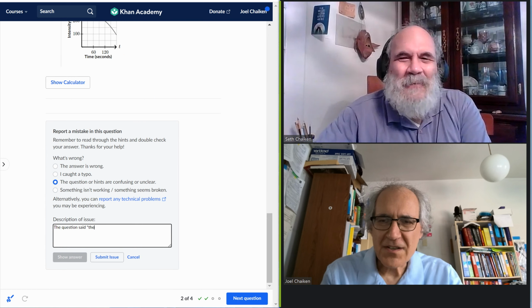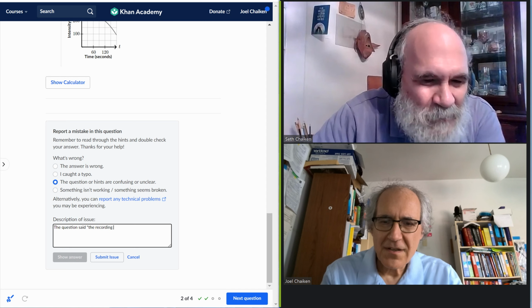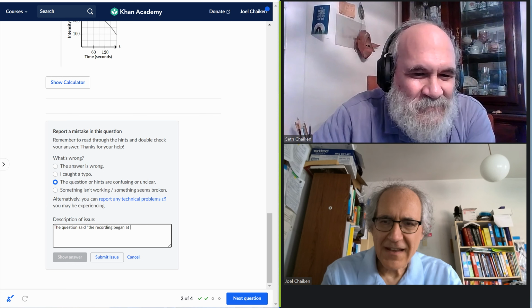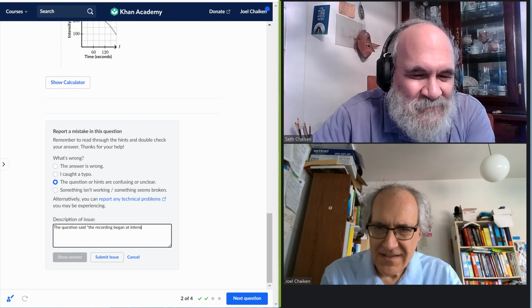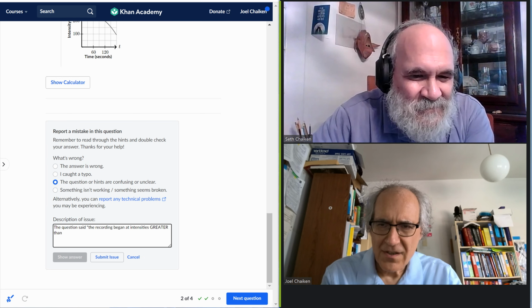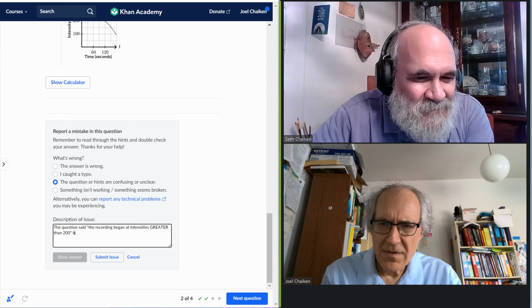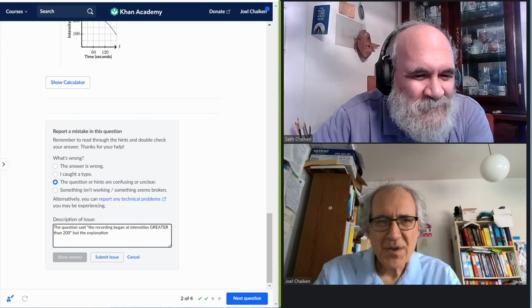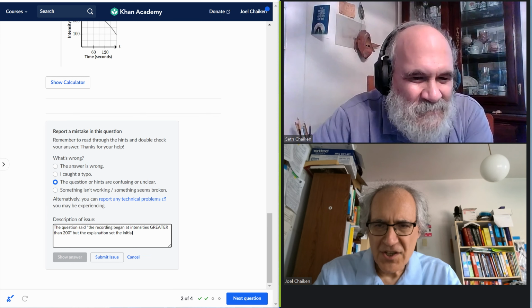The question said the recording began when intensities were greater than 200. But the explanation set the initial intensity at 200.